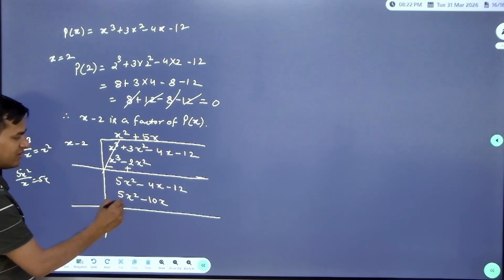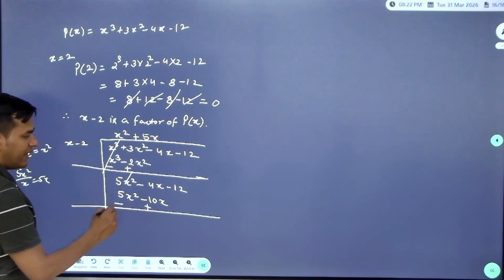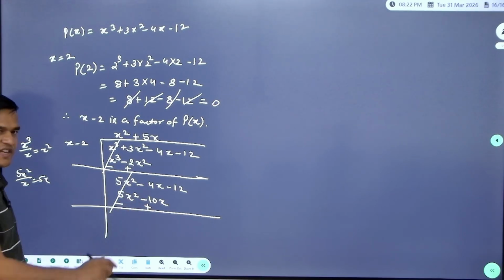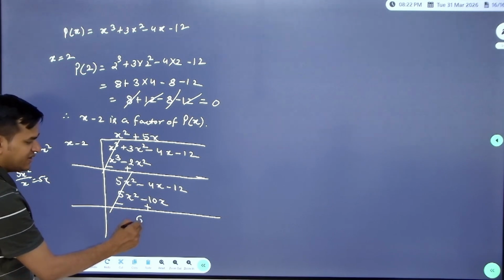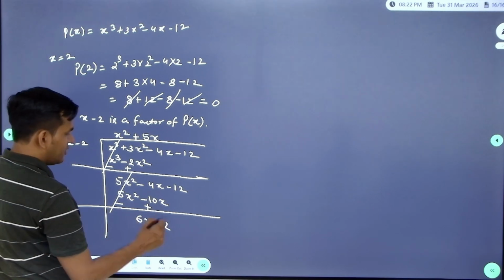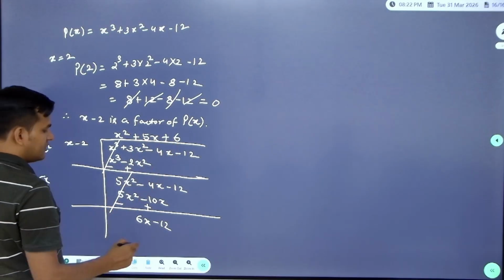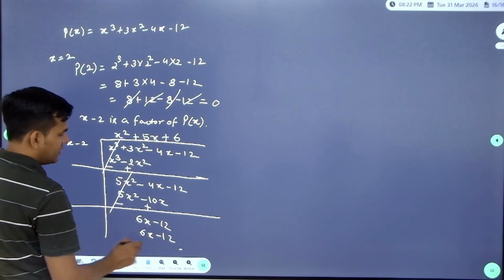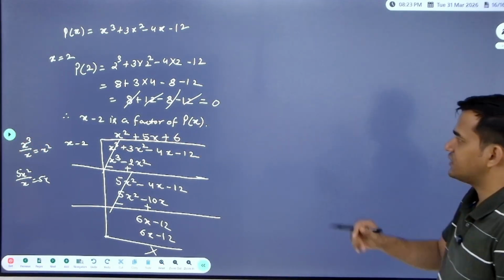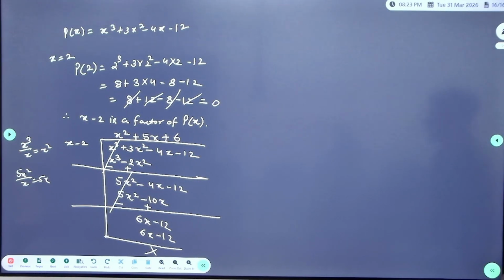Now subtract, so 5x square minus 5x square will cancel. Minus 4 plus 10, 6x minus 12. So this will be 6 times x minus 2, 6x minus 12. Subtract, you get 0. So one of the factors is x square plus 5x plus 6.